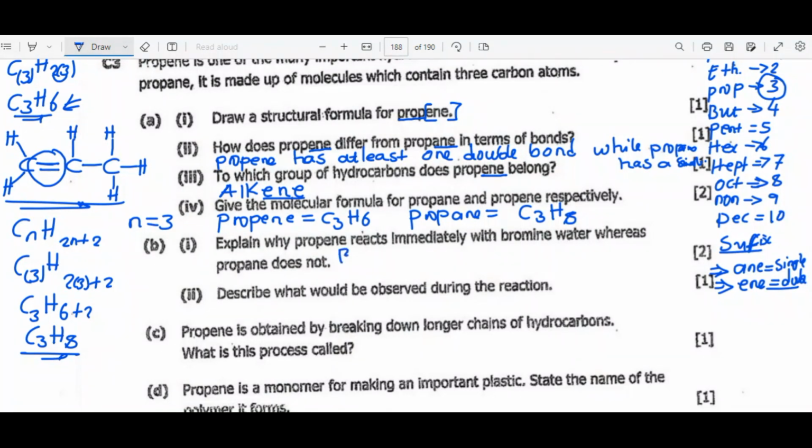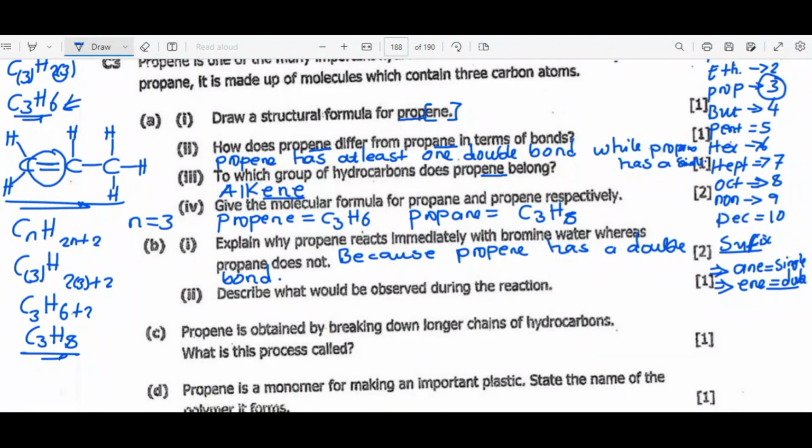So say because propene has a double bond, so that's the simplest one.